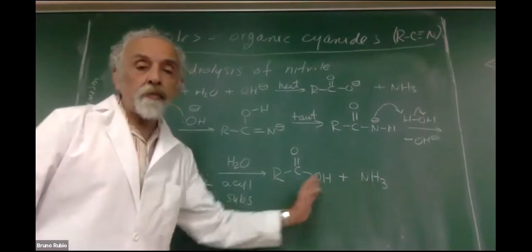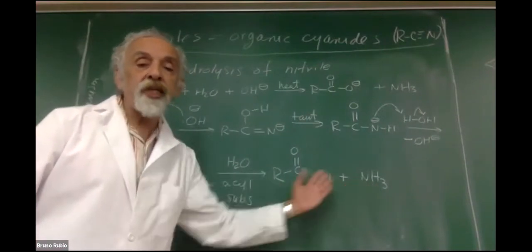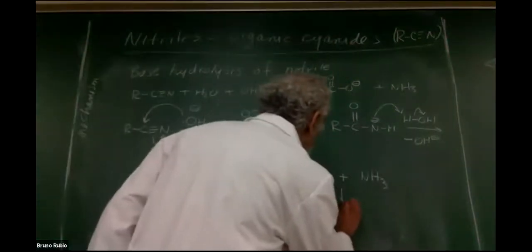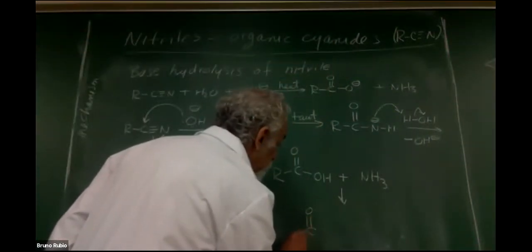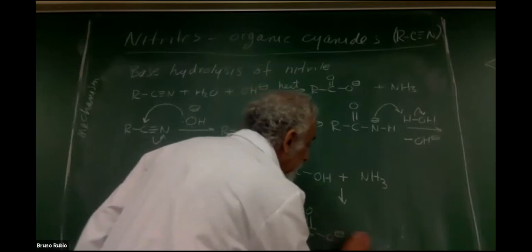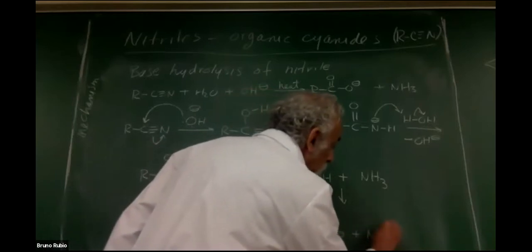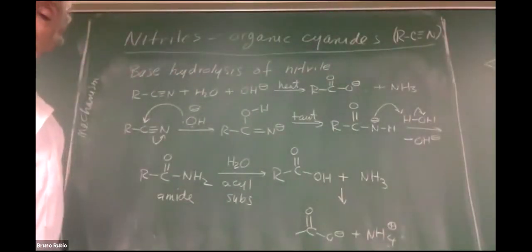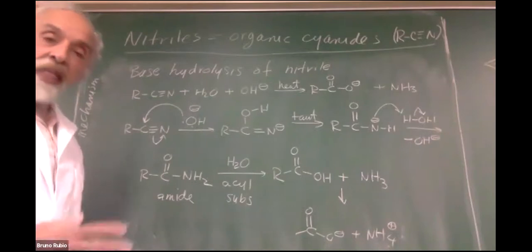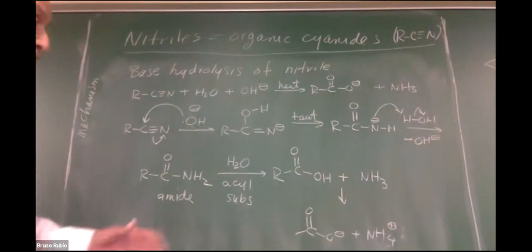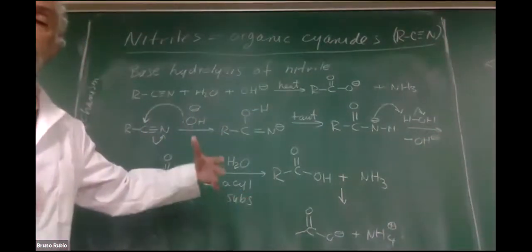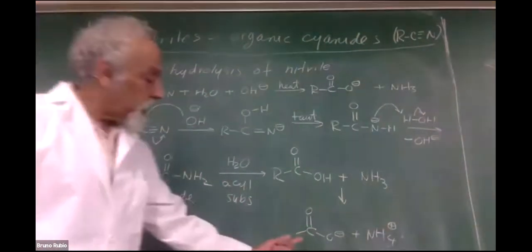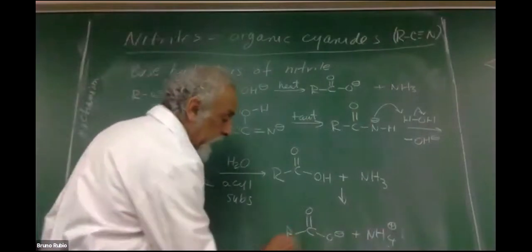This is a pretty good acid. This is a base. They're going to swap a proton. And so this leads to the carboxylate. That was the step that we didn't want to happen in the acid hydrolysis of the nitrile. But here it's going to, because we're not adding any extra acid. And so we get this carboxylate.